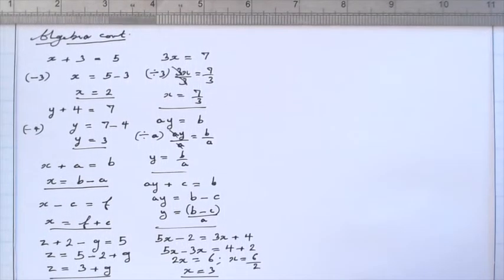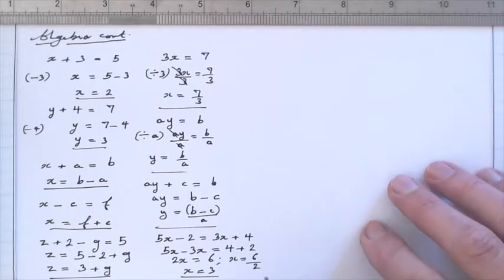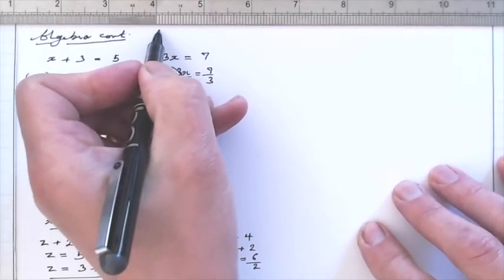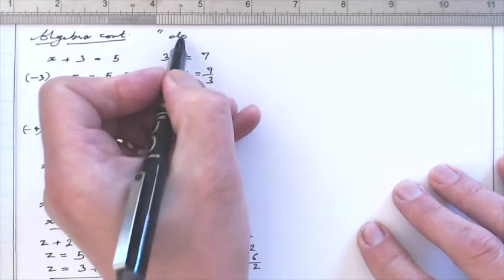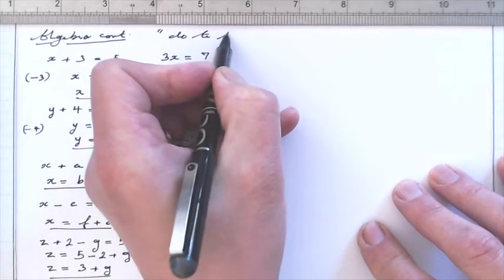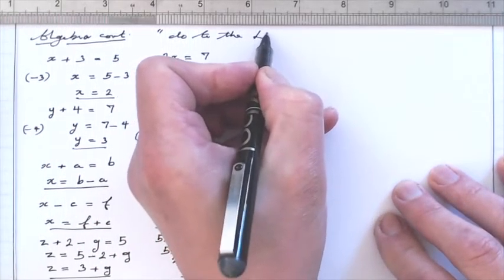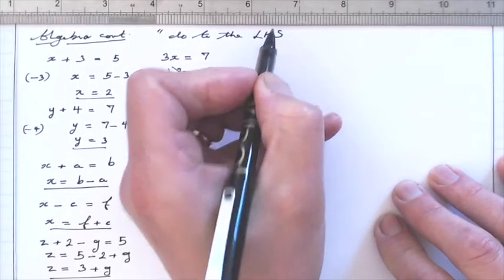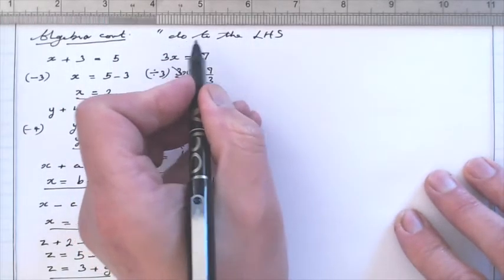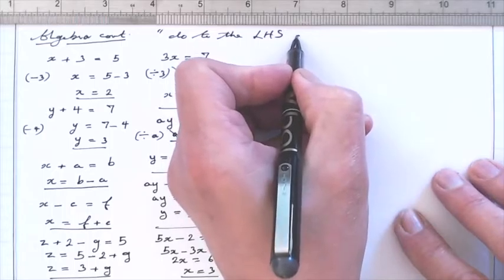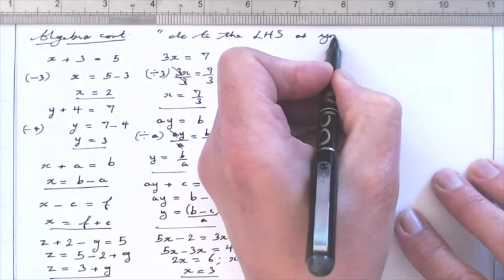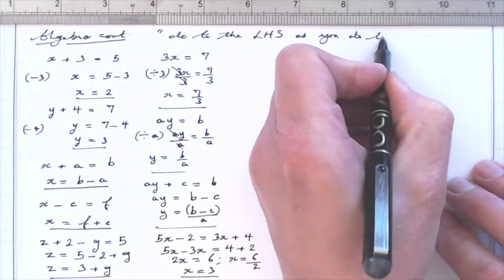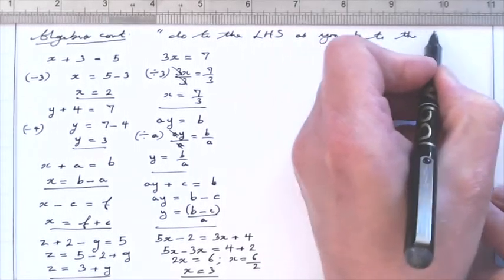Something that I haven't stated explicitly, but is the golden rule of manipulating equations, is do to the left-hand side, and we sometimes abbreviate left-hand side to LHS, do to the left-hand side as you do to the right-hand side.